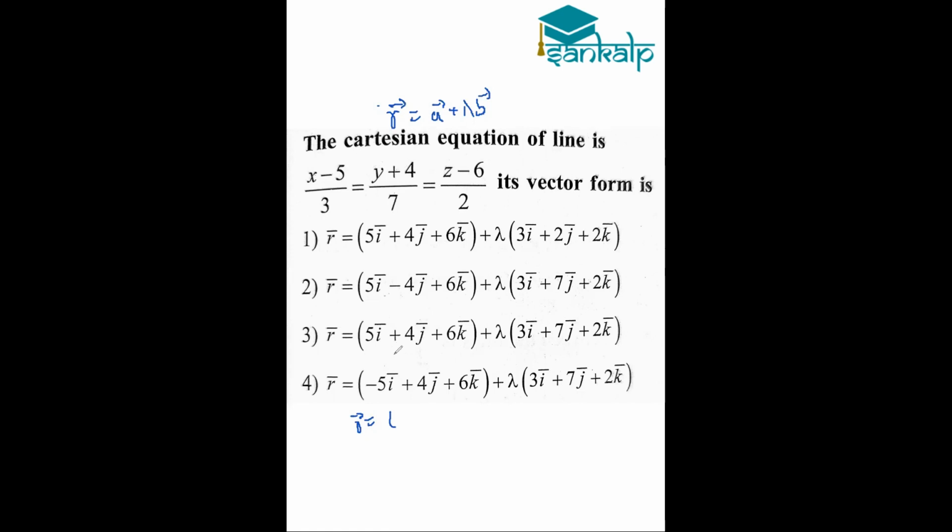So the value of r will be 5i minus 4j plus 6k plus lambda into the coordinates 3 i cap, 7 j cap, plus 2 k cap. So out of the given options, option 2 is the right option.